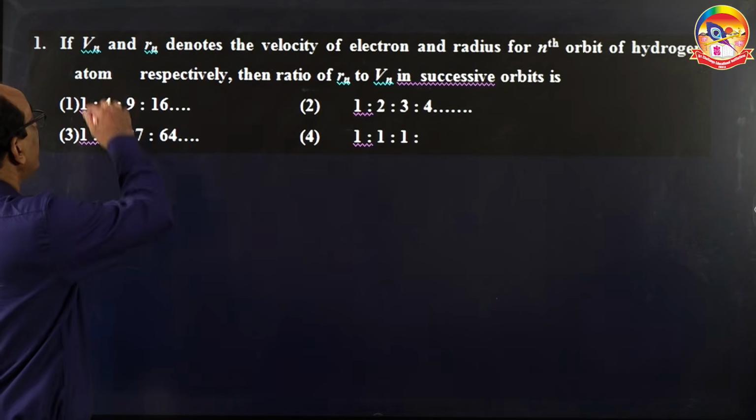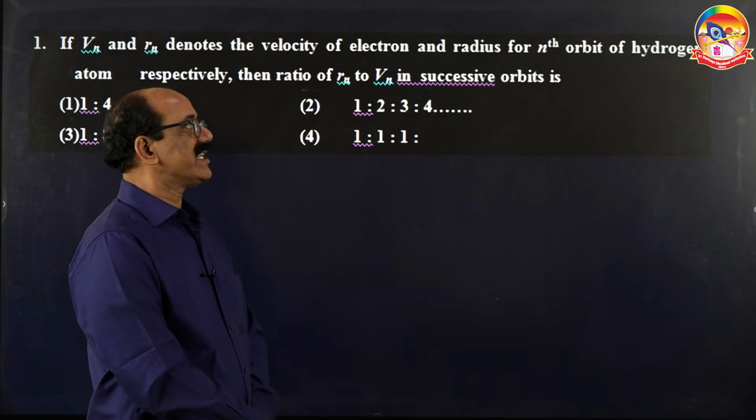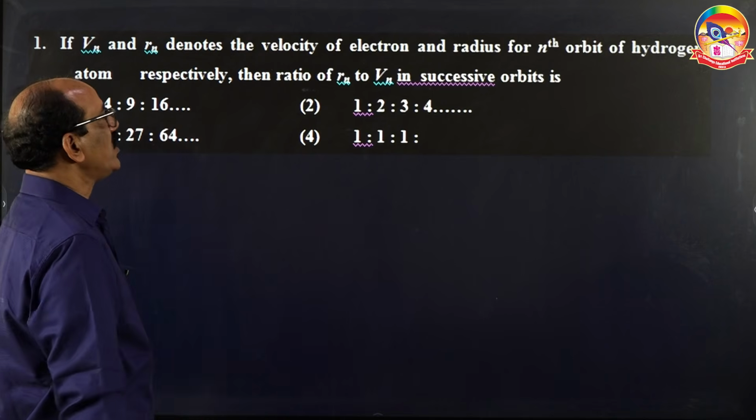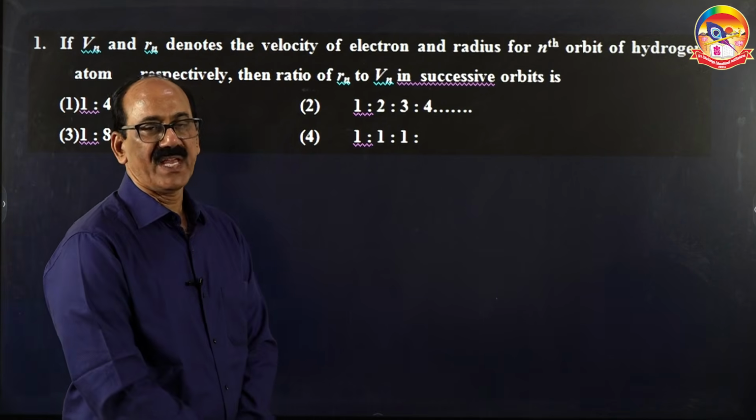Here the first problem says, if Vn and Rn denote the velocity of the electron and radius of the nth orbit of a hydrogen atom respectively, then the ratio of Rn to Vn in successive orbits is.